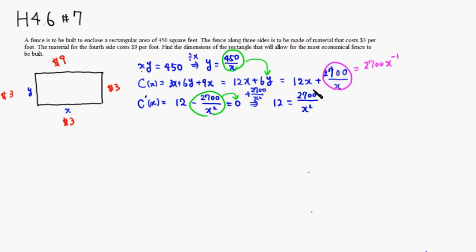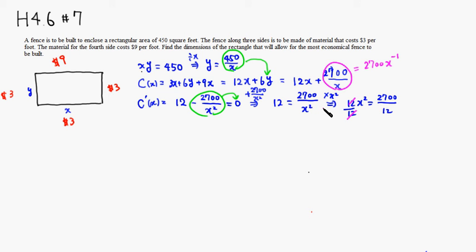Then I'm going to multiply both sides by x squared, so you have 12x squared equal to 2700, and then divide through by 12 so that I can cancel the 12.